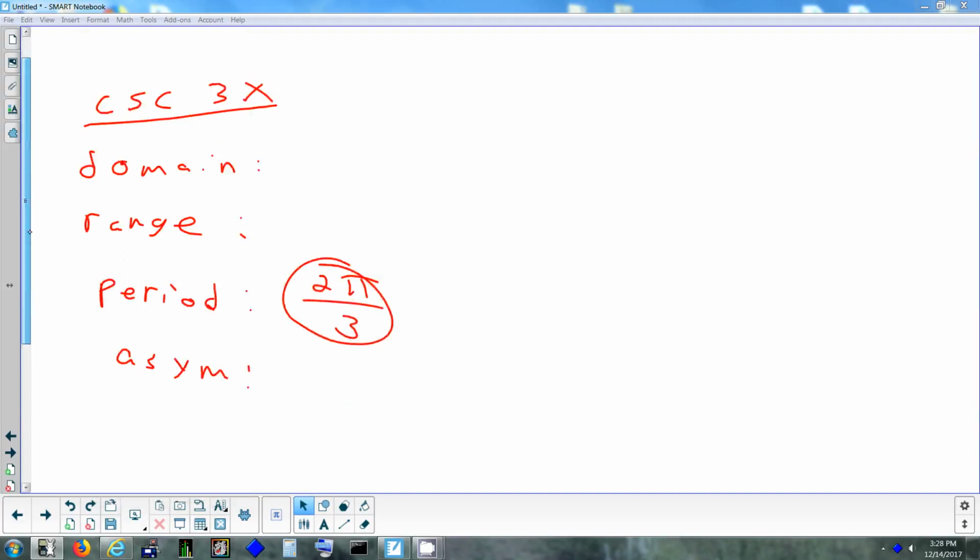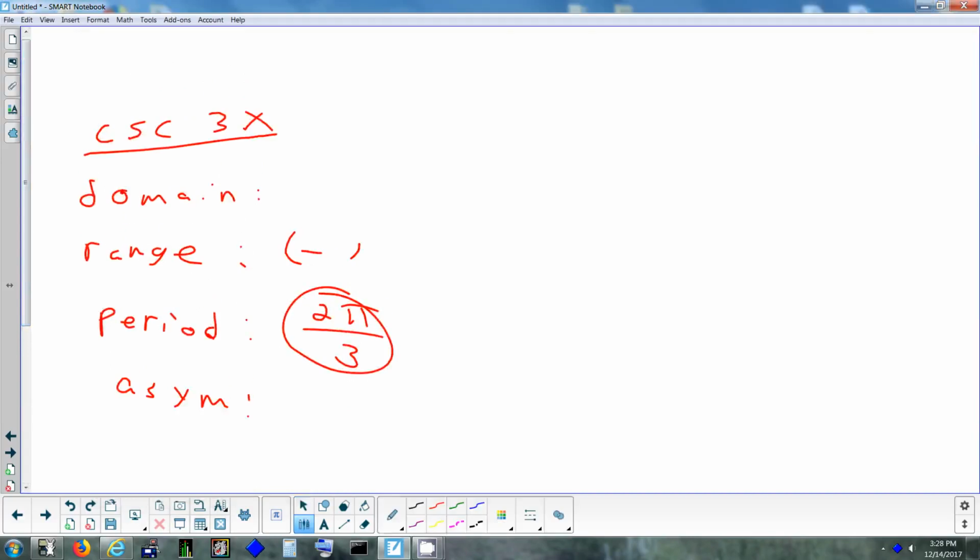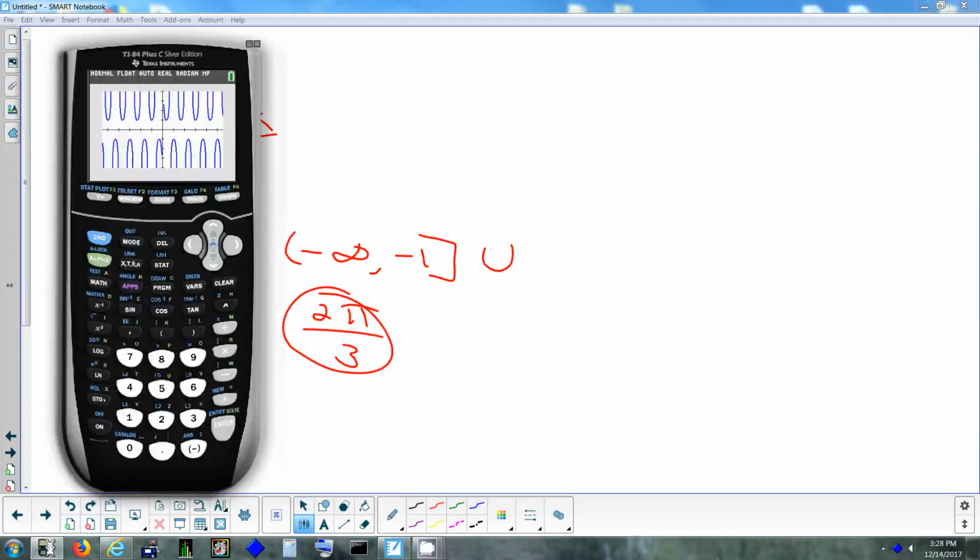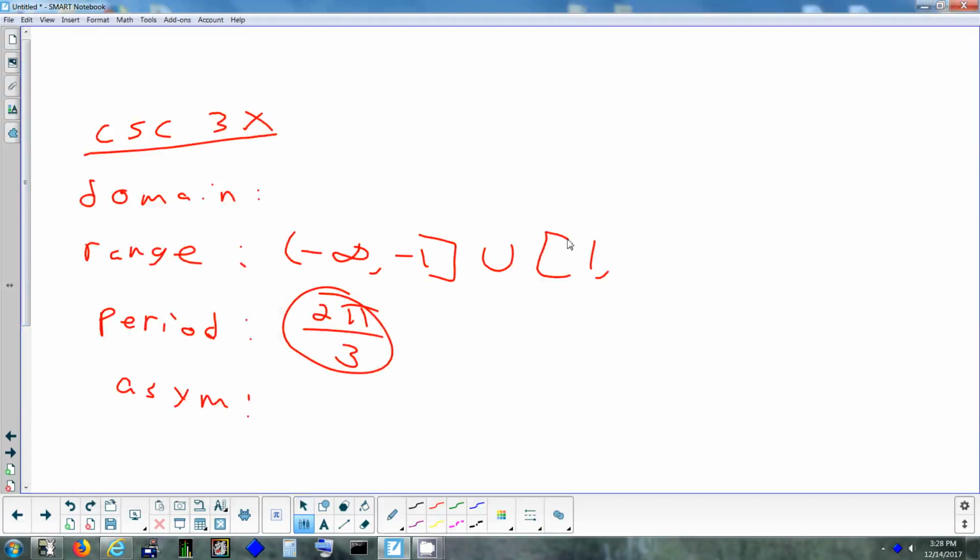Negative 1. Negative 1 to 1 are all the values you don't hit. From negative infinity to negative 1, and from 1 to infinity are the values you do hit. So there's my range.